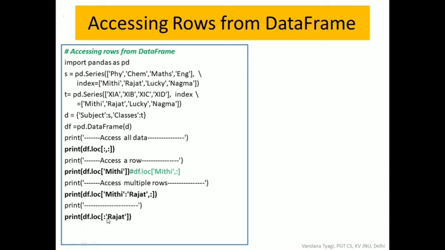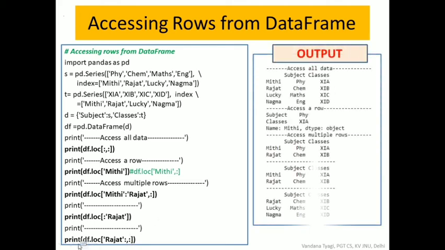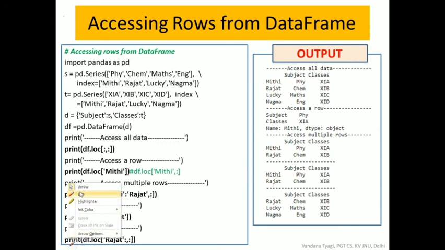If I have written only colon Rajat, that means from the beginning till Rajat all the records are to be displayed. And if we specify Rajat colon and nothing else, it means from Rajat onwards till the end all the records are to be displayed. This column slicing is optional, we can write it or not; both ways give the same answer. So let's see what output we are getting from this.